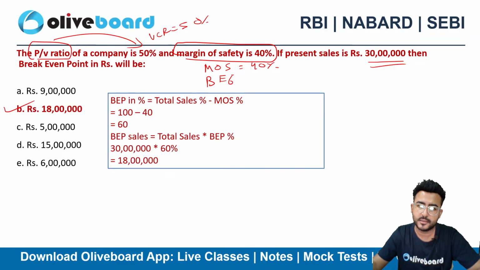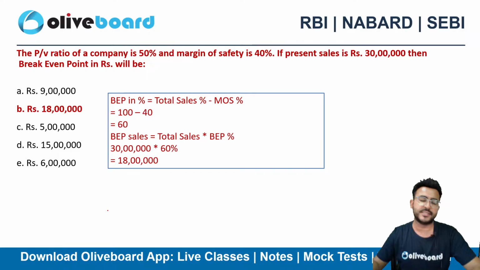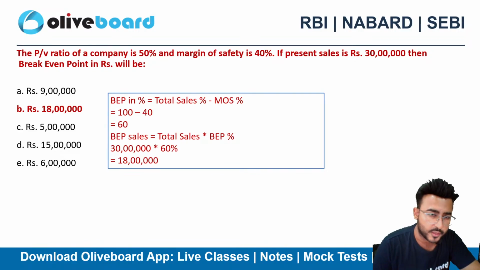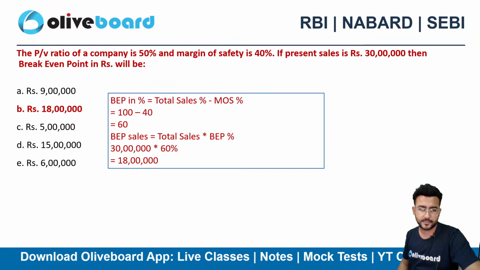BEP must be 60%, because total sales is 100%. If you think like that, questions will be easy. If you don't, questions will be difficult. It's all about your perspective. If your perspective changes, the difficulty level will also vary.